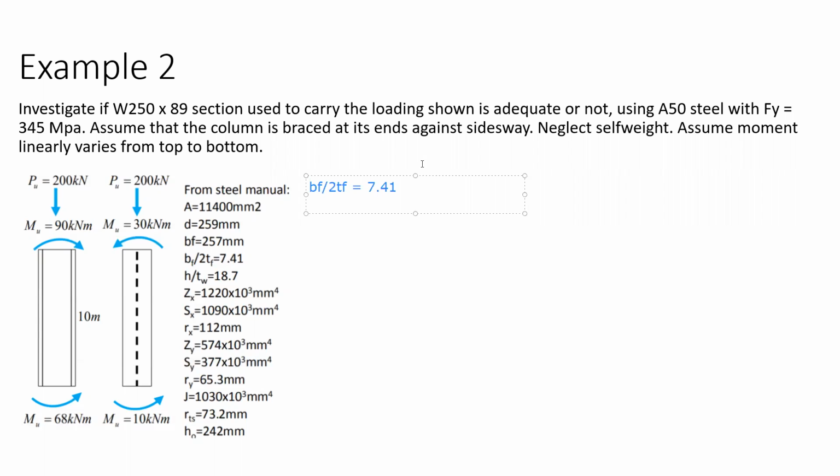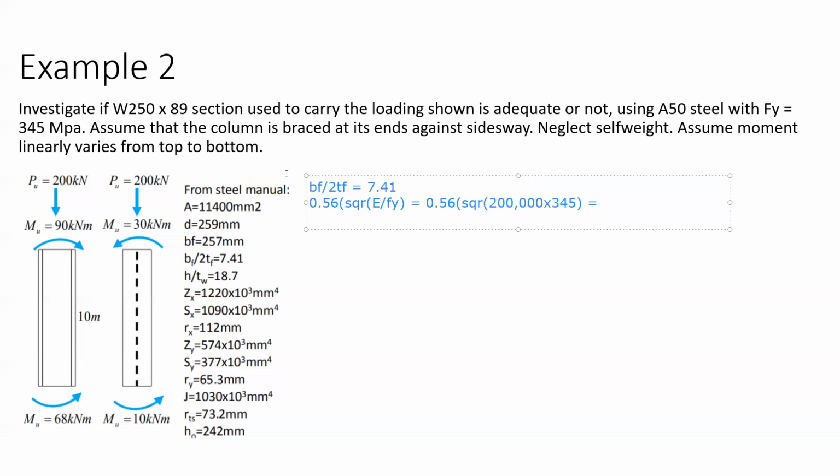And then, ang hahanapin na lang natin is 0.56 times the square root of E over Fy. So, this is now 0.56 times the square root of E natin is 200,000, and Fy natin is given as 345 megapascal.